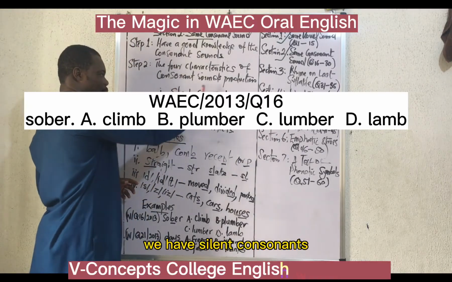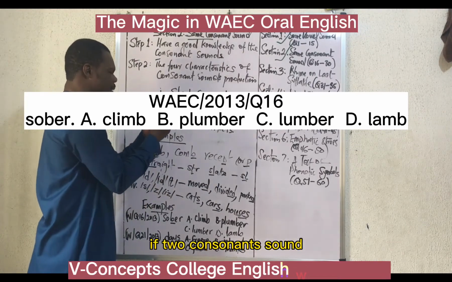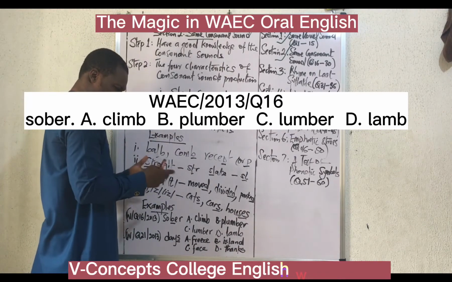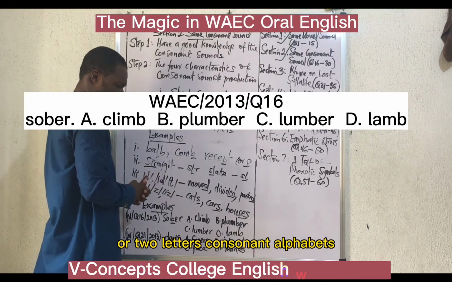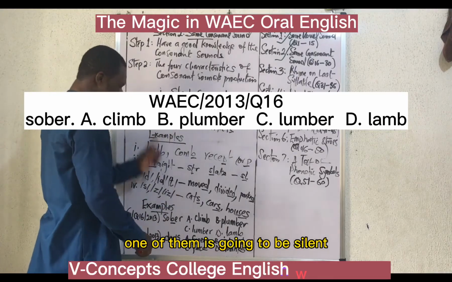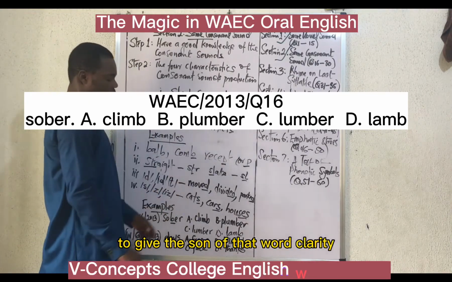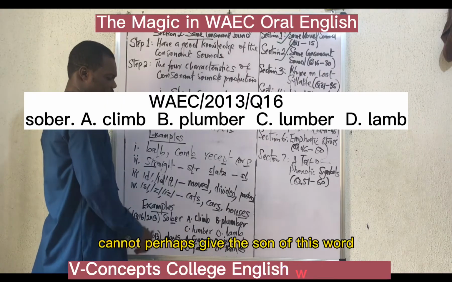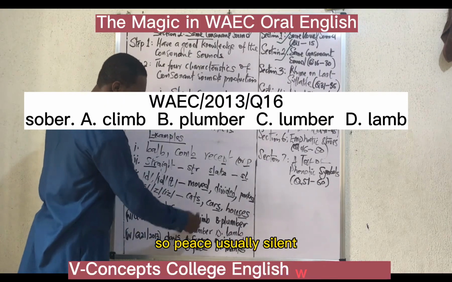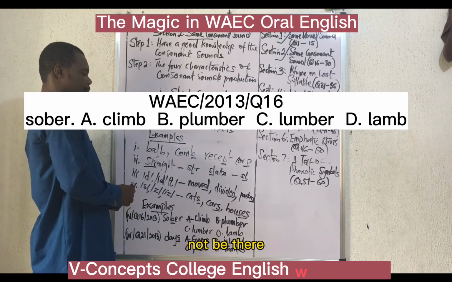We have silent consonants, consonant clusters, and all of that. If two consonant letters occur together in a word, one of them is going to be silent if they cannot be pronounced together to give the sound of that word. Climb cannot be pronounced together to give the sound of this word, so B is usually silent. So you have climb not being there.